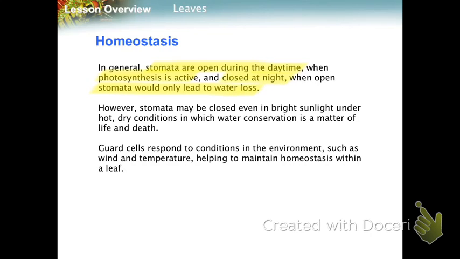The only thing that could happen with stoma being open is water loss. In hot, dry conditions, however, the stomata might close in bright sunlight because water conservation needs to happen. So guard cells respond to conditions in the environment, such as wind and temperature, and that's how they maintain homeostasis within a leaf.